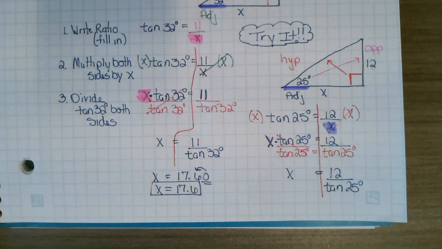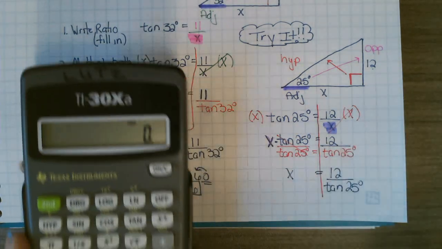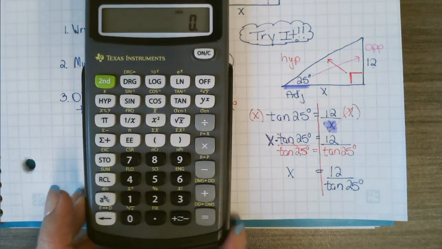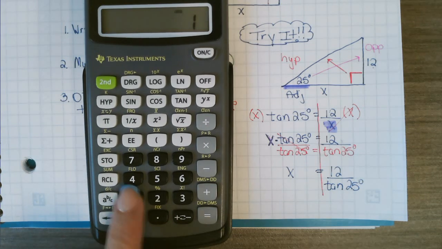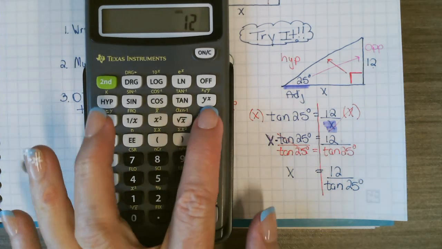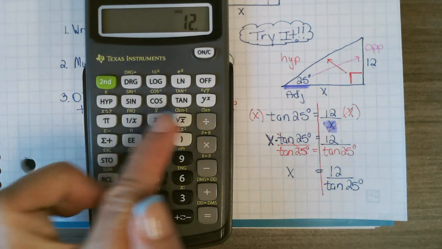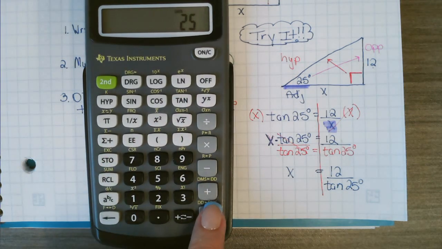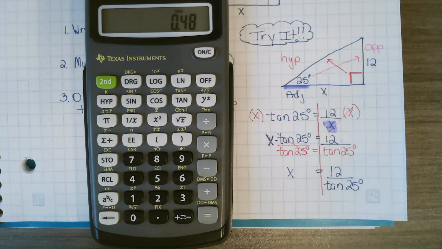And then you need to take your calculator. You can do this on the TI-30S. I'll show you it on this one this time. So basically you're going to put in 12, hit your divide key, hit your tan right here, 25, and hit equals. I don't think that looks right.